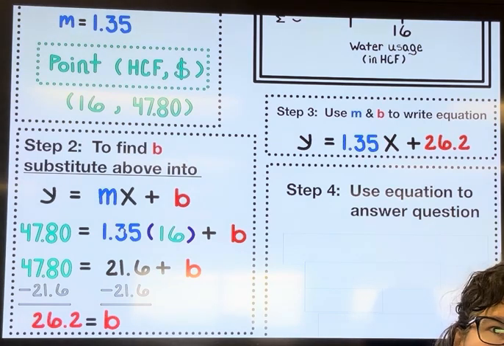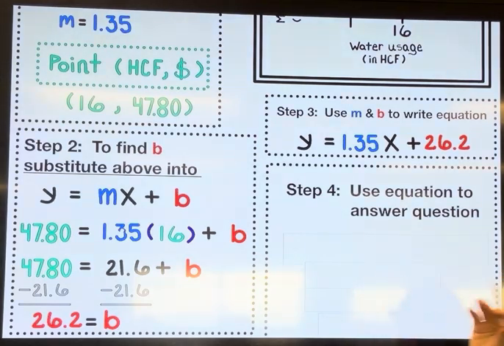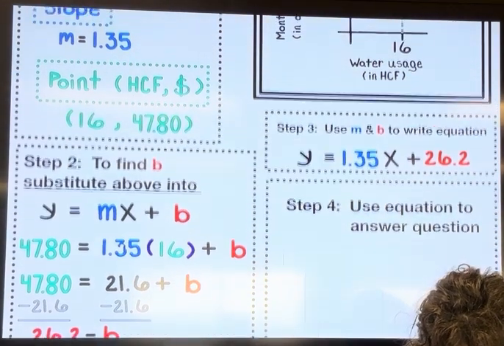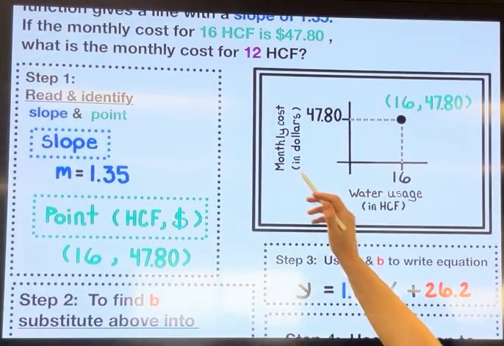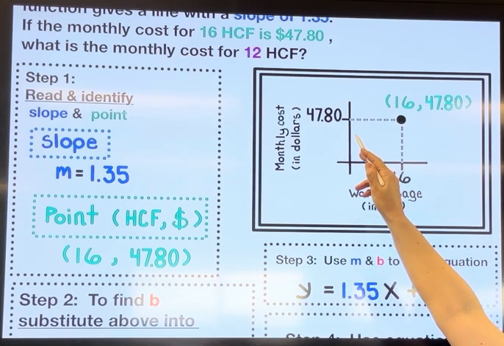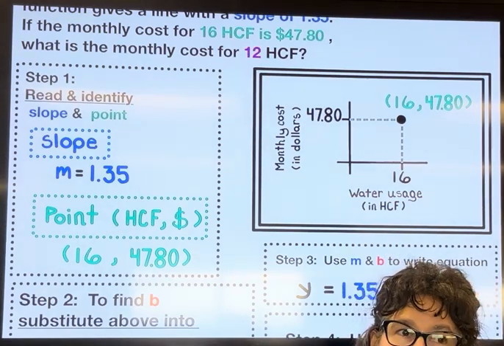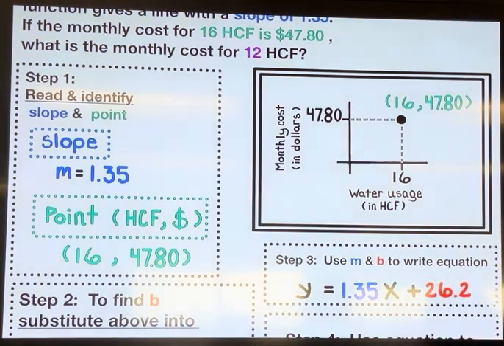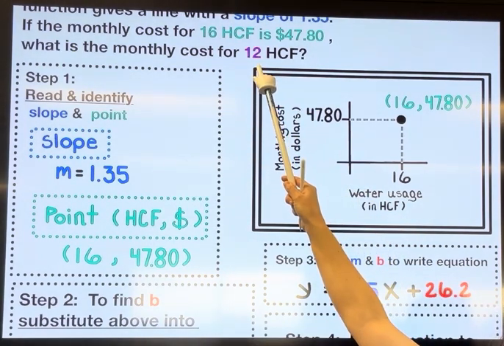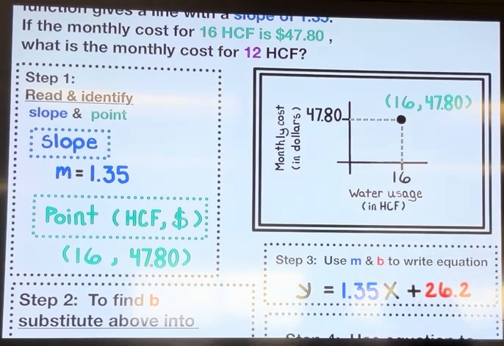And now we're going to use the equation of a line to answer a question. And the question happens to be in this problem, what is the monthly cost for 12 HCF? Now, the 12 HCF, is that an X they gave me or a Y? See it? On the X-axis is HCF, so they gave me an X, a 12 for X. So that means I want to put in the number 12 for x in my equation.